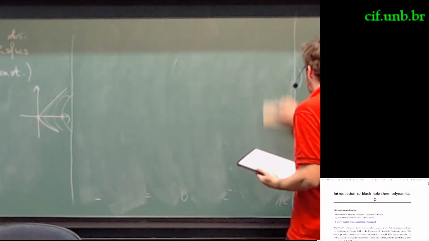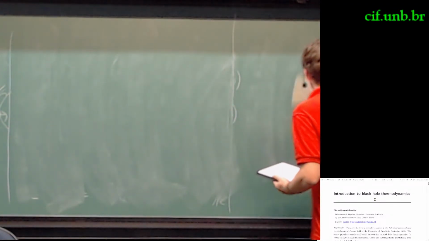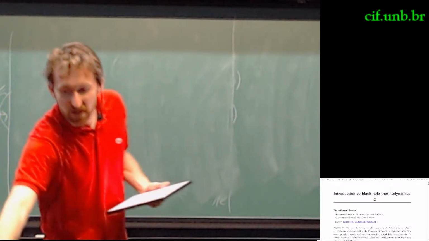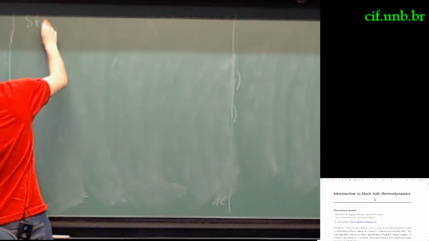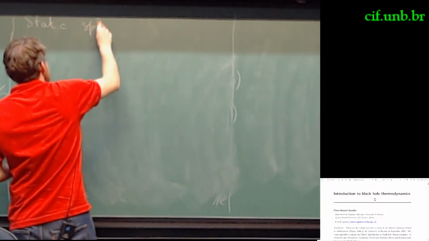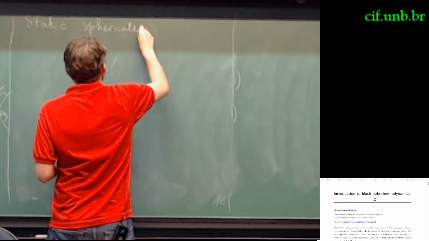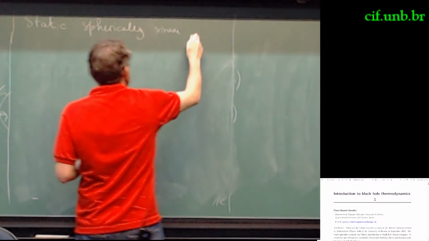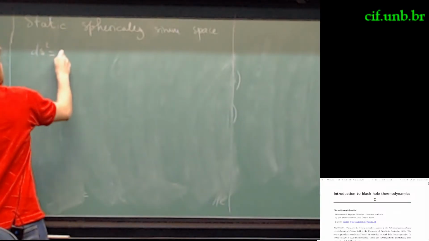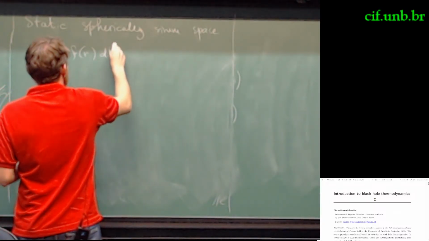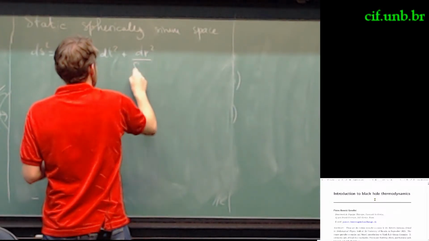So what does this have to do with black holes? And here we come to the fun part. Let's consider a general static, spherically symmetric space with this particular form.